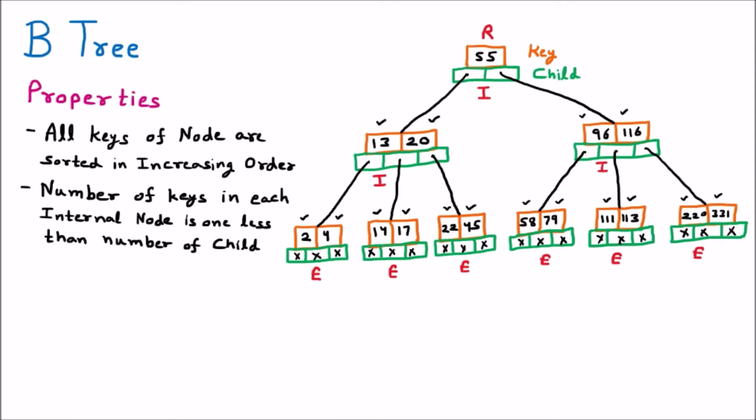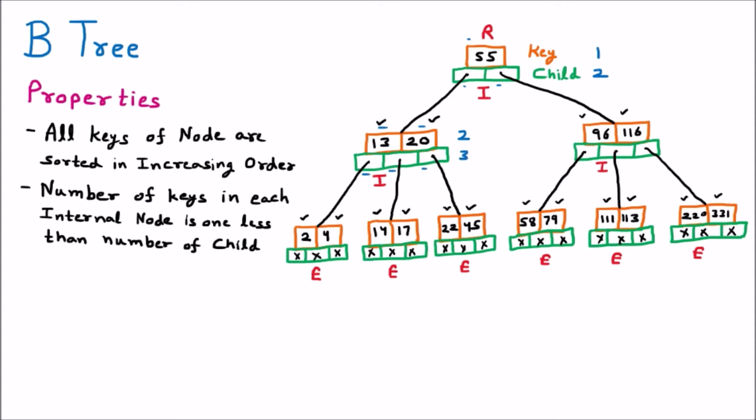First of all, we go to the top with the root. How many keys are there? Only one key. How many children are there? 1, 2. Two children. So the keys are one less than the children. Now talking about the left node: 1 and 2, two keys are there. Children: 1, 2, 3. Three children are there. So the keys are one less than the children.